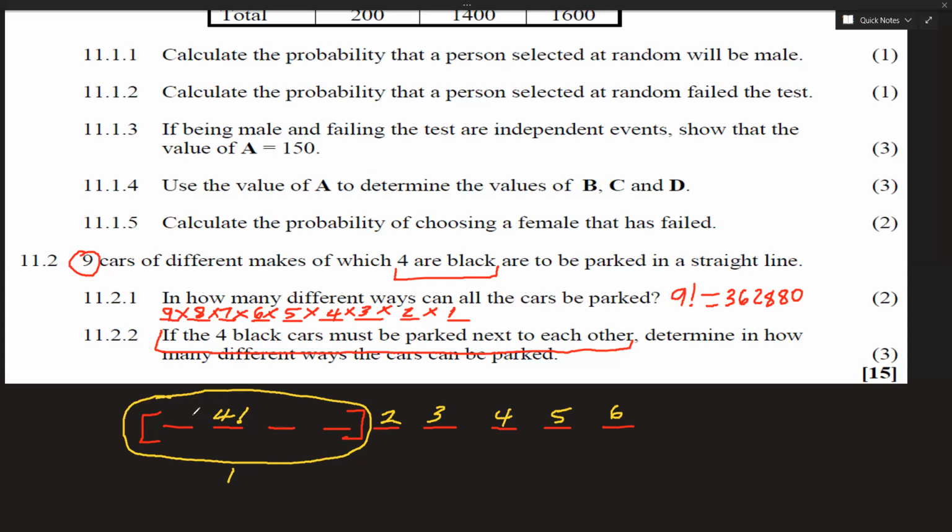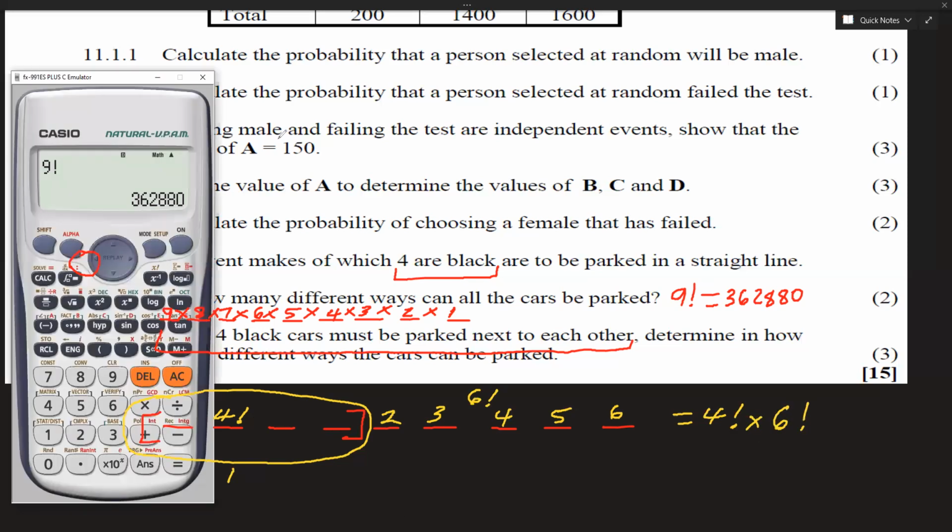But within the group, you do the factorial of the number of items that are inside the group. So in this case, it is 1 times 2 times 3 times 4 times 5 times 6, which is factorial 6. Outside is factorial 6, and then inside I have factorial 4. So here I'm going to have factorial 4 multiplied by factorial 6.